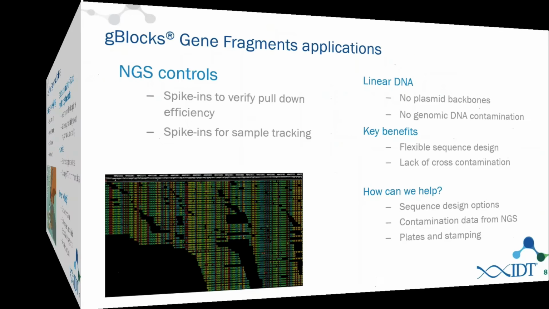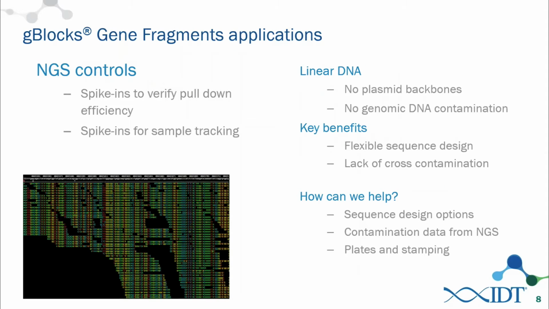So to move on, one of the newer applications that gBlocks have been used for, and something that quite honestly we had never thought of, was using gBlocks as controls for NGS. For next generation sequencing, one of the technologies that's really taken off in the last few years are technologies that allow you to enrich for certain sequences or pull down certain sequences.